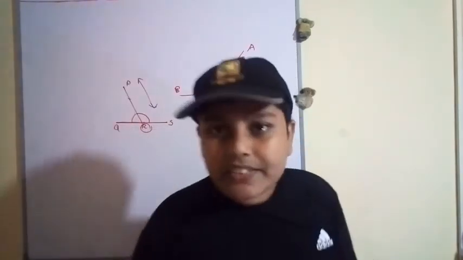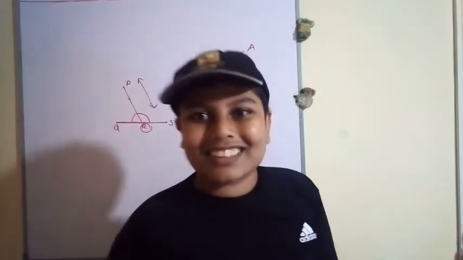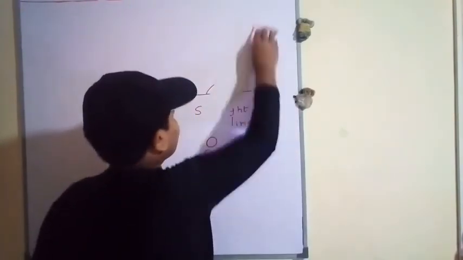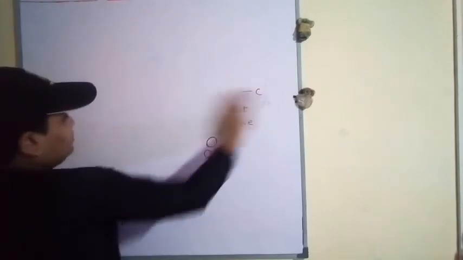Now you have an activity in the textbook. What's the activity? There are 5 steps. The first step: draw a straight line segment in your exercise book and name it PQ.